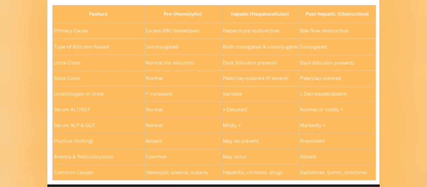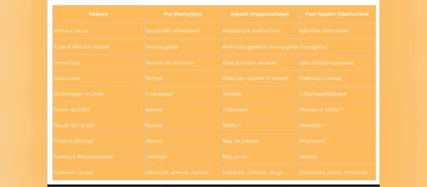Now, let's understand about the markers. These are the clinical cardinal features from which you would be identifying. If there is a history of RBC breakdown, it is pre-hepatic. Along with that, if the patient is having normal colored stool and normal or slightly yellowed urine, that is a case of pre-hepatic jaundice.